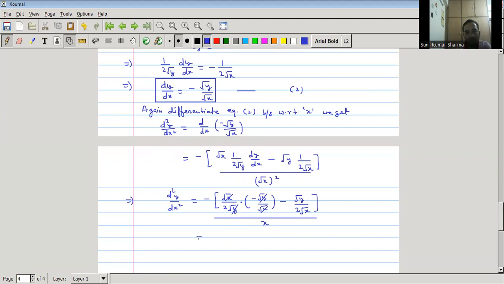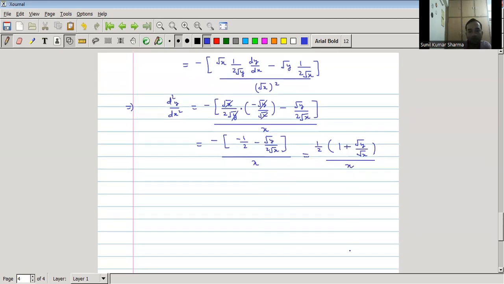And here it is minus sign. So we can write this as minus 1 by 2, minus under root y upon 2 under root x, whole divided by x. This is equal to, you can take minus 1 by 2 common. So the minus is already outside, so it becomes 1 upon 2, and this is 1 plus under root y over under root x, whole divided by x.